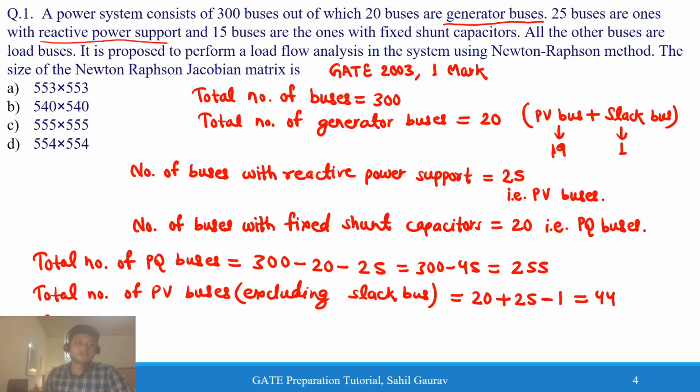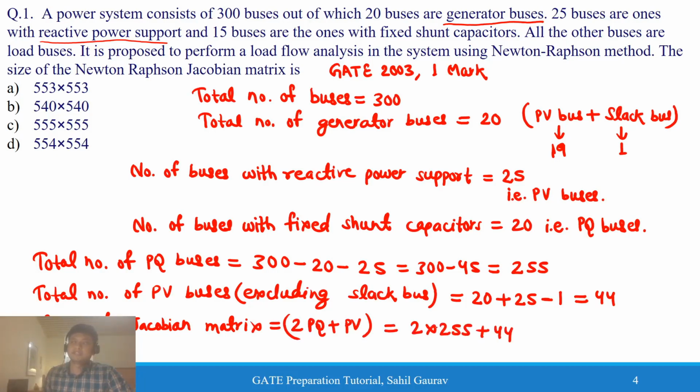Therefore the size of the Jacobian matrix will be 2 times PQ plus PV. PQ is 255, so 2 into 255 is 510, plus PV, which is 44.